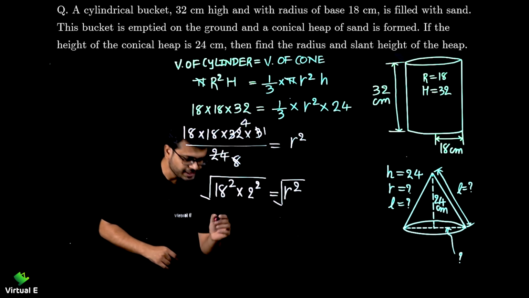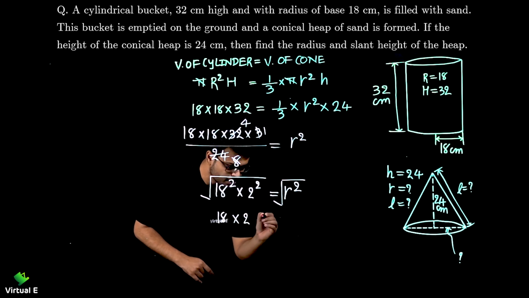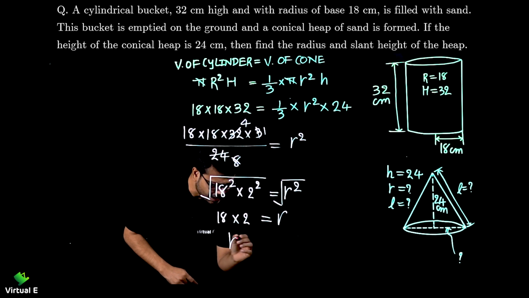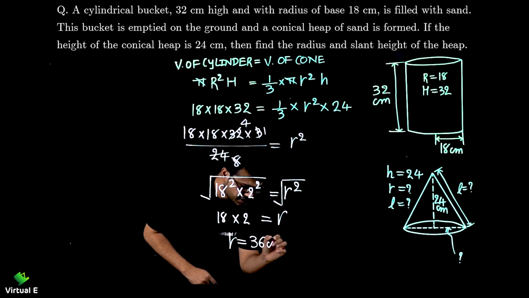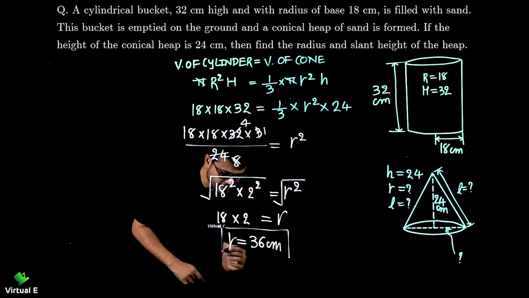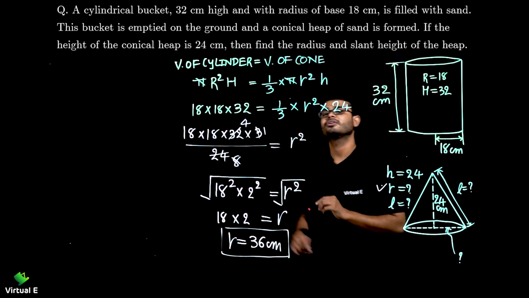So the square root of 18 square is 18, the square root of 2 square is 2, and the square root of r square is r. So I can write r is equal to 18 times 2, which is 36 centimeter. Done. My first value is here, which is r equal to 36 centimeter. We are done with the value of r.